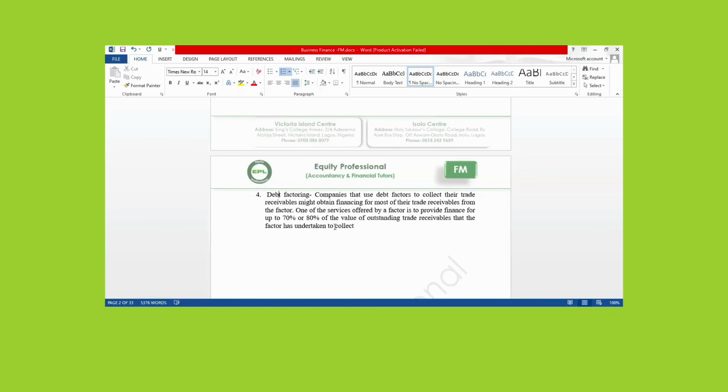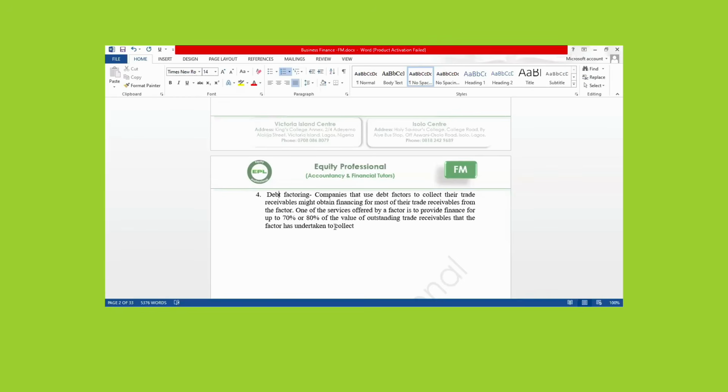Companies that use debt factors to collect their trade receivables might obtain financing for most of their trade receivables from the factor.